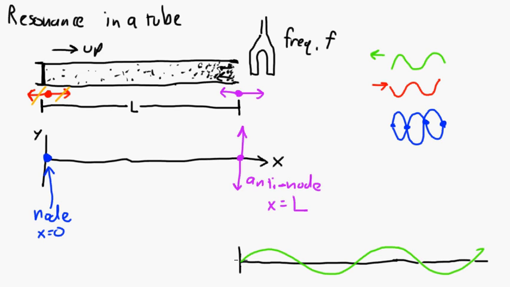So we're starting here. Here's our node point where we're starting. And we want an L that's long enough that we have an antinode at the end. Here are the nodes, I'm going to mark out the nodes in blue. And the antinodes are here, here, here, here, and so on.